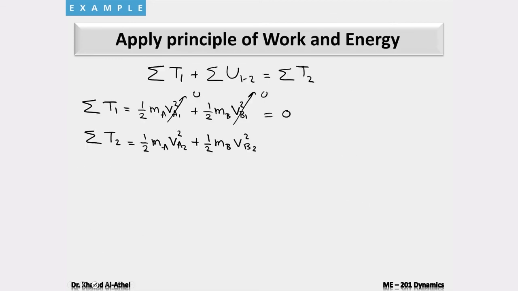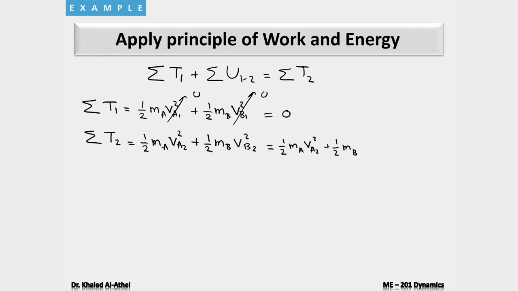So go back and substitute this one into this equation, okay? So we have the following. It's going to be equal to half MA VA2 square plus half MB, and now remember, as we mentioned before, that VB equals minus 2 VA.